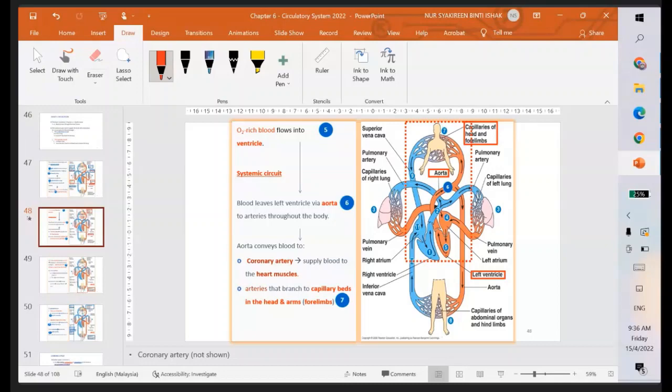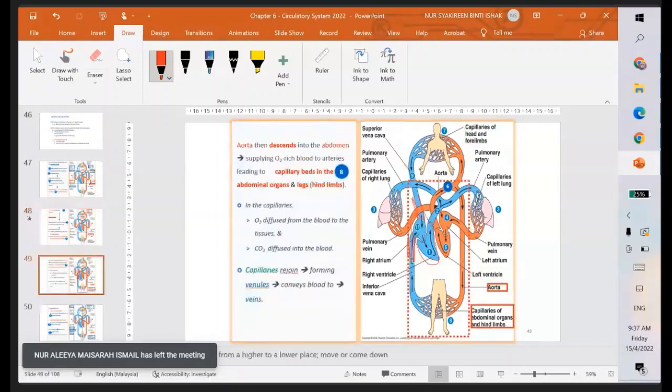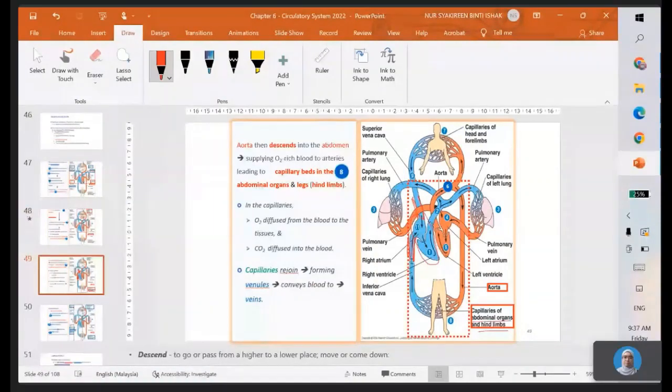The inferior vena cava collects oxygen poor blood coming from the lower part of the body, which is the abdominal organs and also the hind limbs. But for the upper part, head, chest, hands, all that oxygen poor blood will enter back into the heart through the superior vena cava.